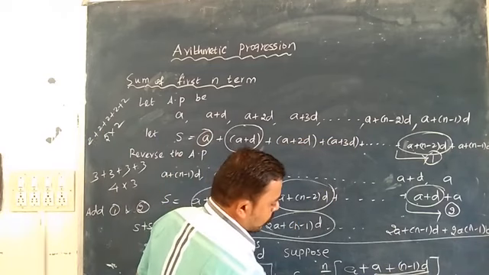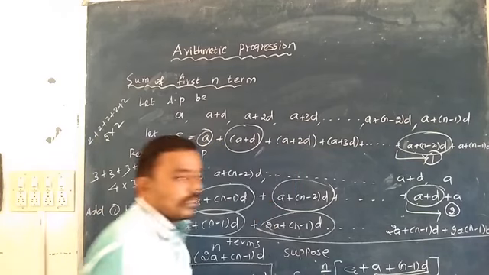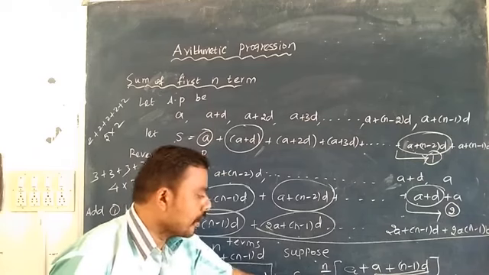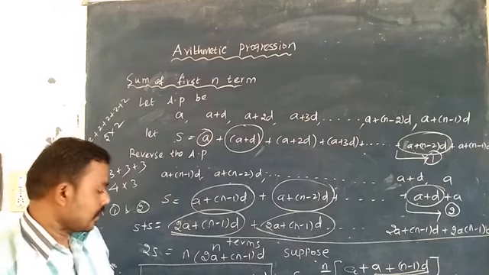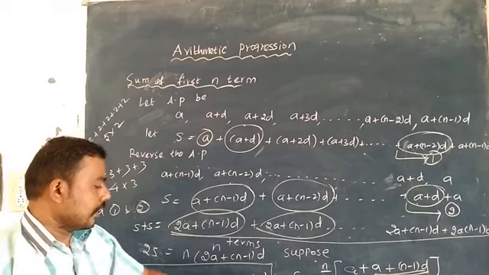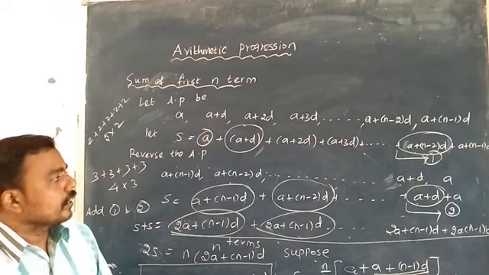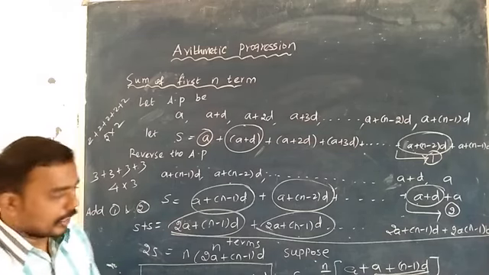So S equals n by 2 into (a plus the last number). If you have the last number and the first number, and n, we can use this. Or if you know n and d, we can use the other formula. Right, so using this we can find the sum of the first n terms.